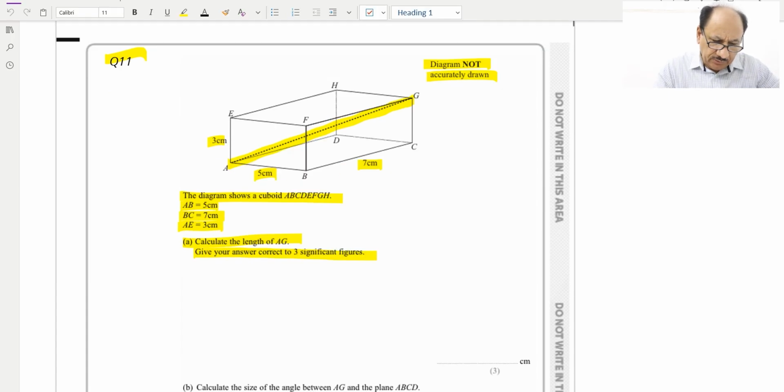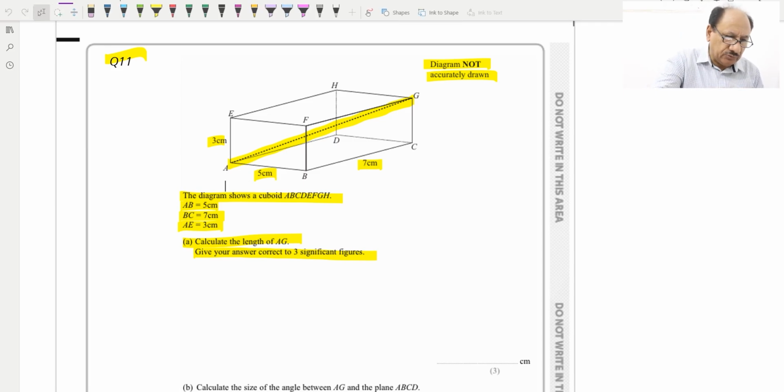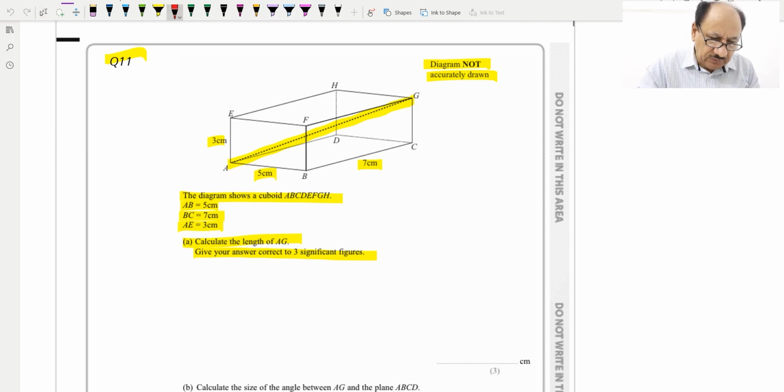To calculate the length of AG, we will be calculating AC first. So we can check AC will be this one. This will be our AC, and now we can calculate AC by Pythagoras theorem.